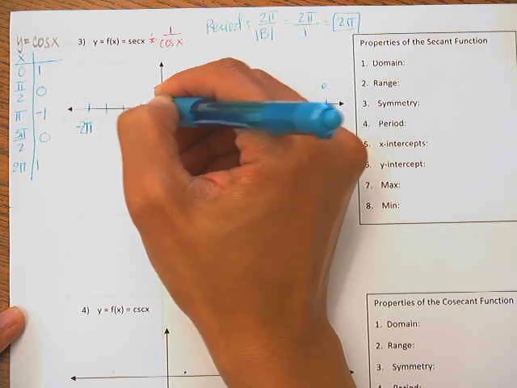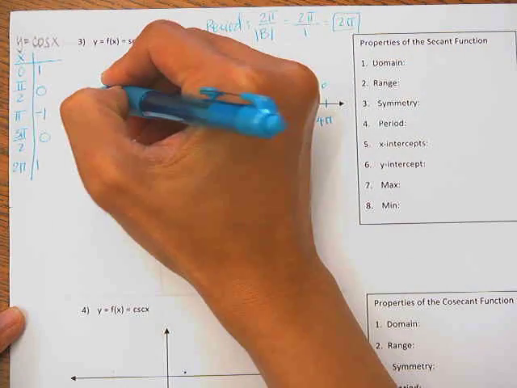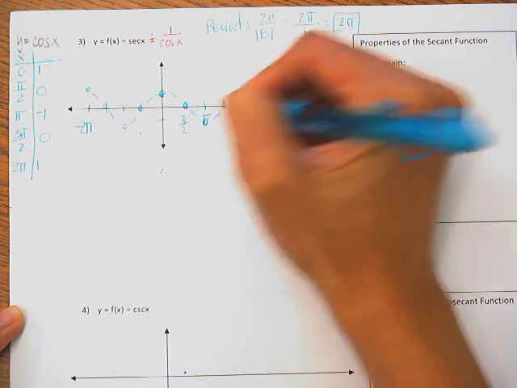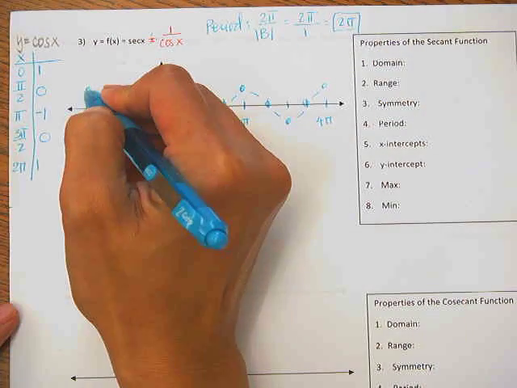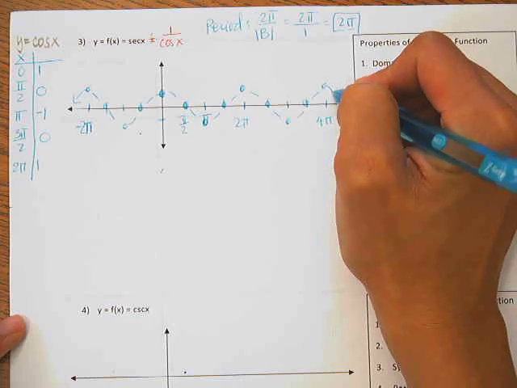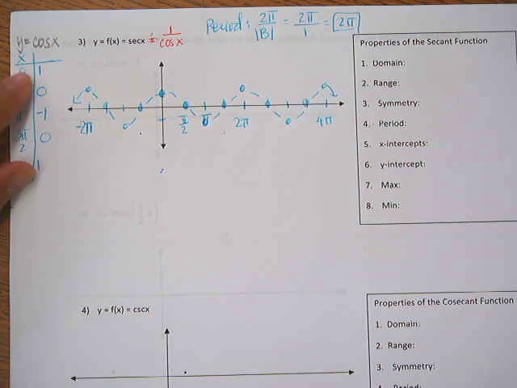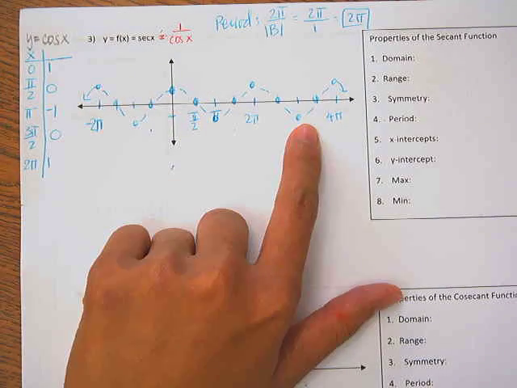On the negative side, I'm just repeating the pattern, using dashed curves to represent it. That's what I just finished graphing. The blue one is all of your cosine.